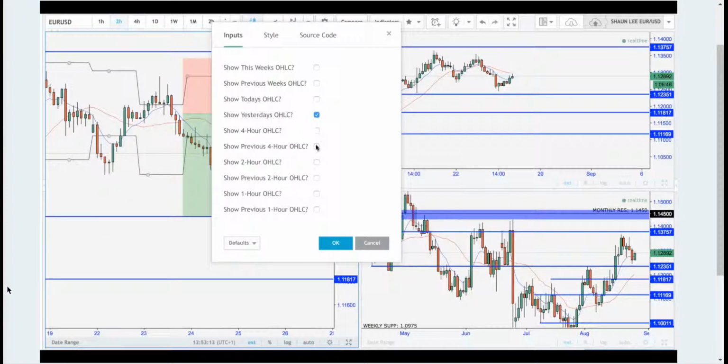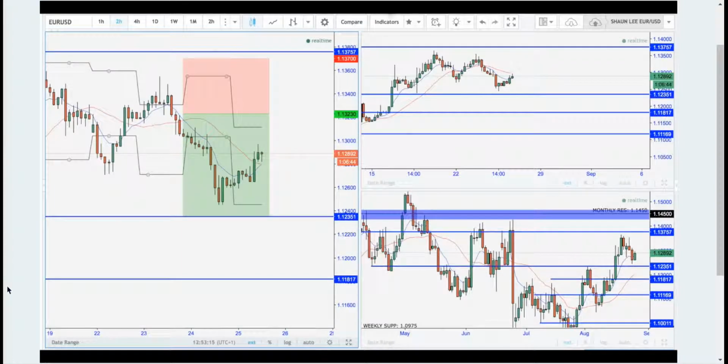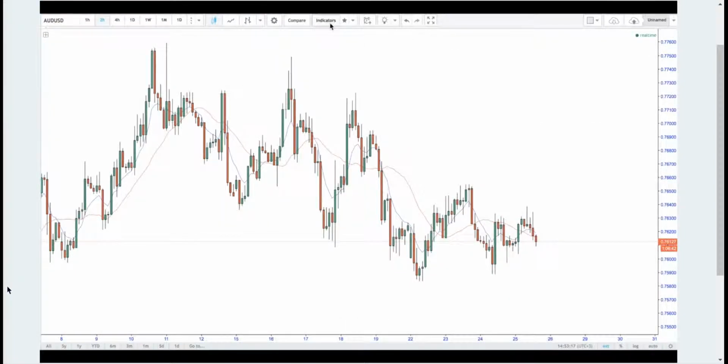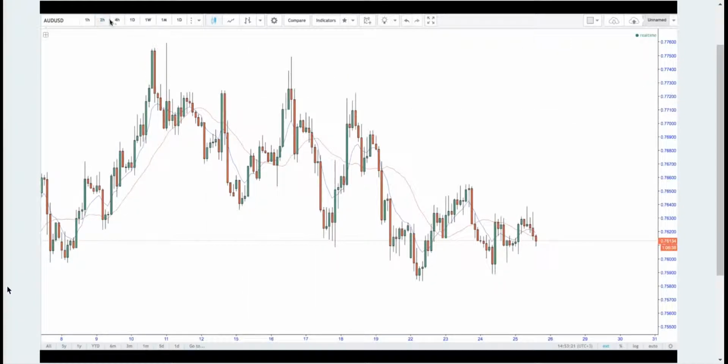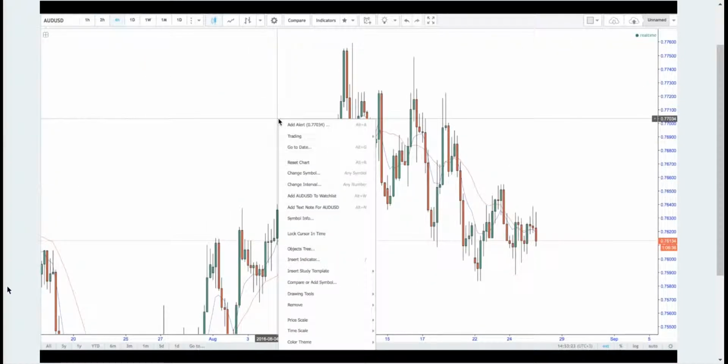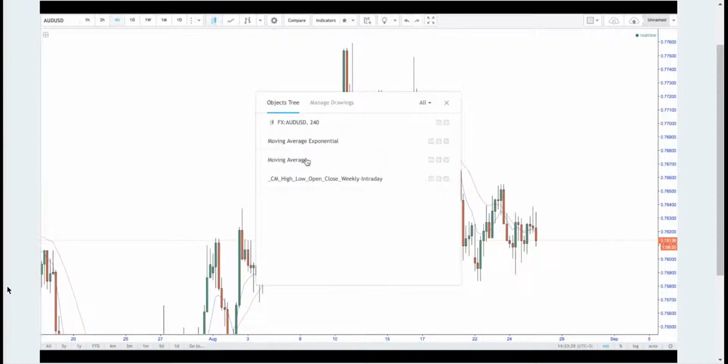Oh, that's why. I need to go back to the inputs. So I'm still learning on this indicator. It's extremely difficult to understand. So I just need to go back to my object tree, and I need to go here. I need to go back to settings.